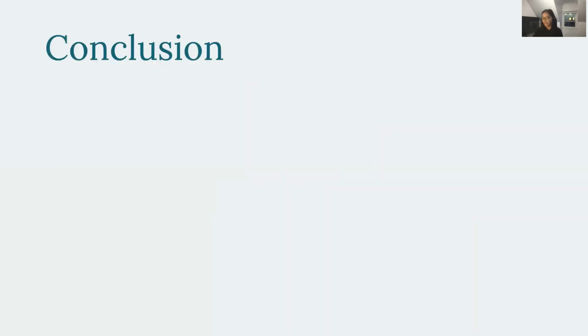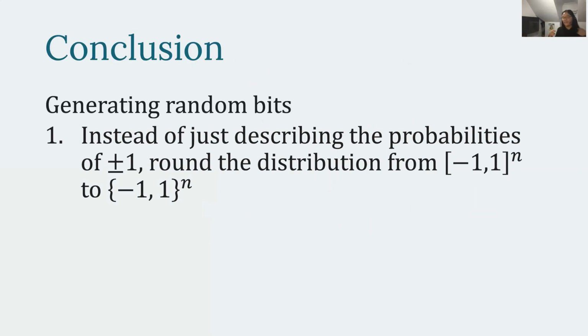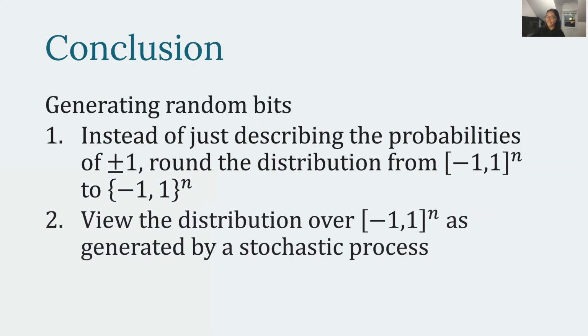So I'm just going to talk about the main takeaway for me, which is that instead of thinking about these bits as being generated from ±1, first I think of the distribution as being over {-1, 1}^n, and then I do this other step where instead of saying that it's just a distribution, it's a distribution generated by a stochastic process, and then I round the stochastic process back to the original ±1.